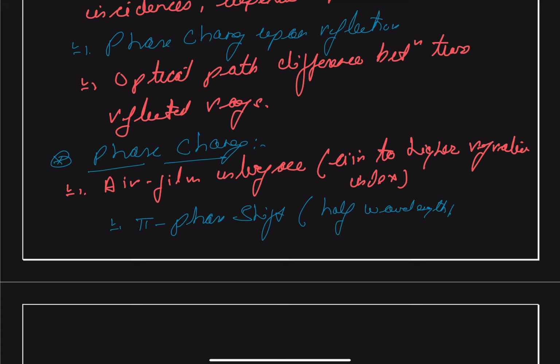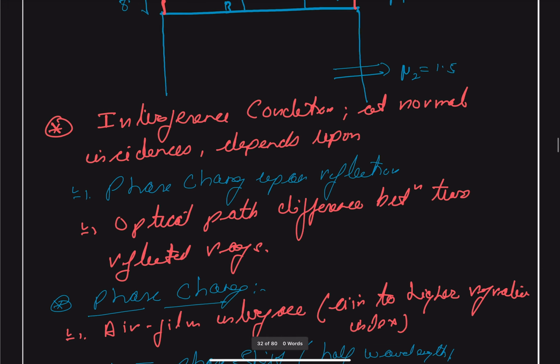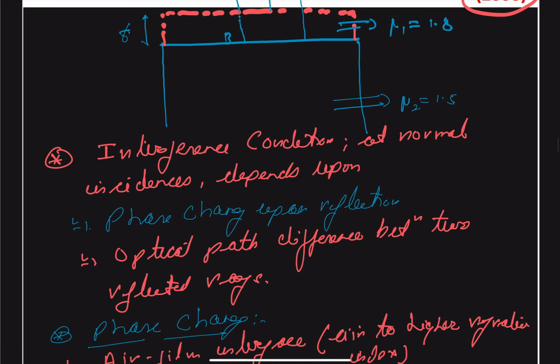Now we come to the film and glass interface. Basically our film has the higher index and our glass has the lower index.